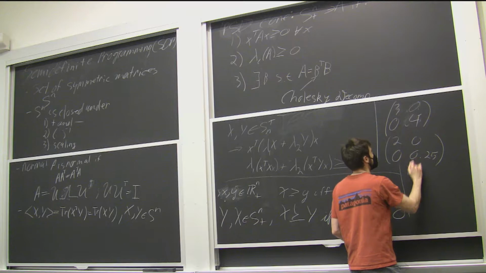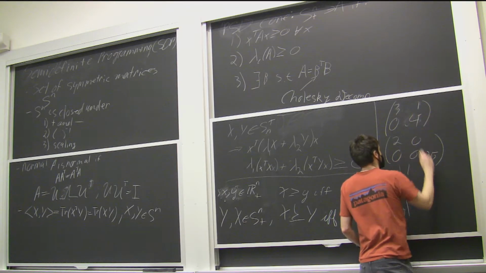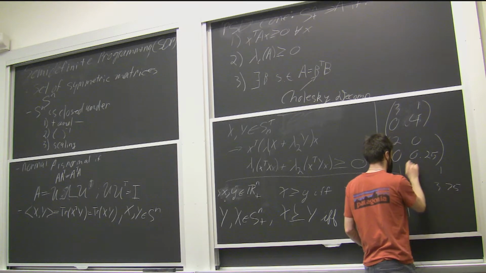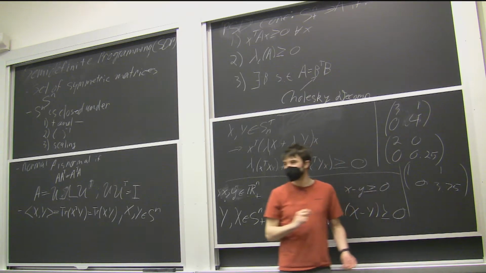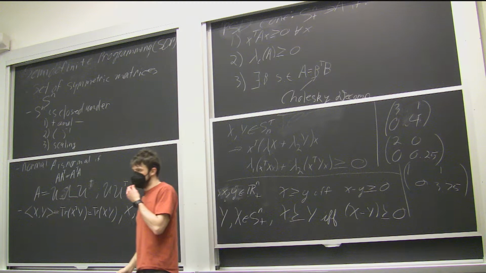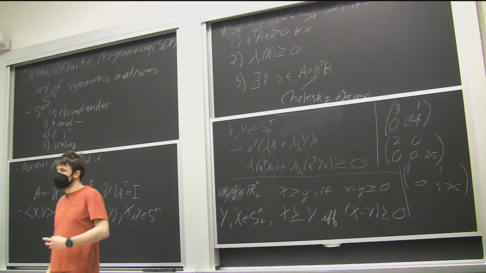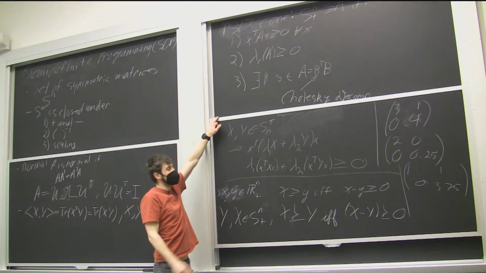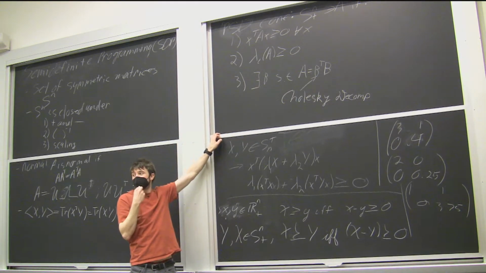If I subtract these, I'm going to get 1, 1, 3.75. So the answer is actually yes, because the eigenvalues are still positive. It has to do with the eigenvalue decomposition here, and I'm appealing to property 2 up here, that the eigenvalues all have to be positive.